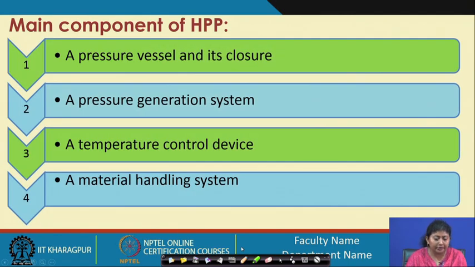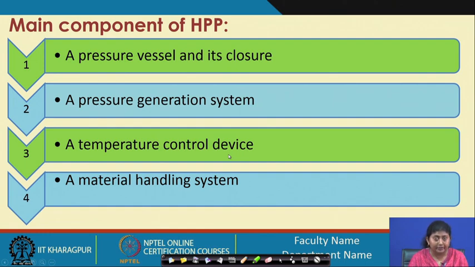Let us see the main components of high pressure processing. First, we require a pressure vessel and its closure, the top and bottom closure. Then a pressure generation system, which is a very important component of the whole system, and a temperature control device. Although our target is not to have high temperature in HPP, pressure and temperature are thermodynamic parameters with a synergistic effect.